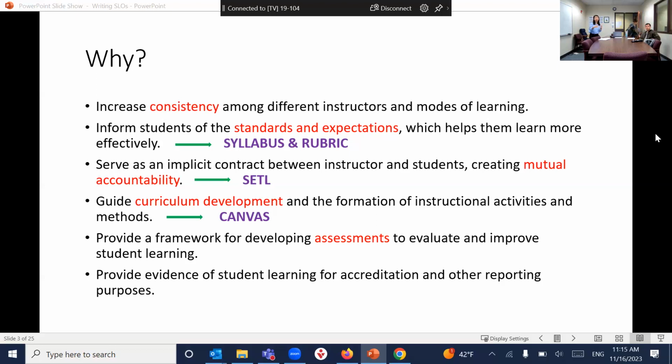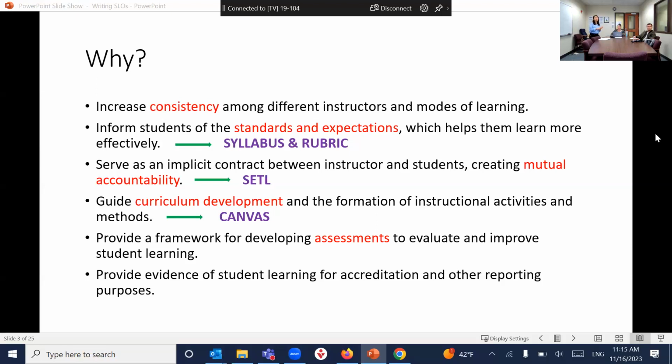Your assignments and assessment tools are also aligned with these course learning outcomes. So students will be clearly informed of how this course is developed and what assignments they will do in order to show their mastery of the course learning outcomes.